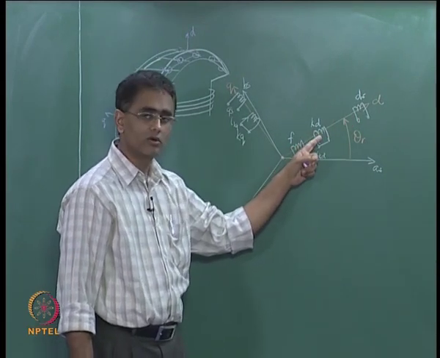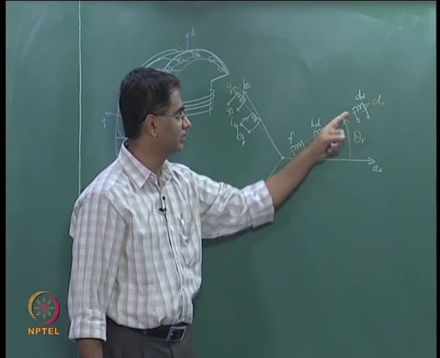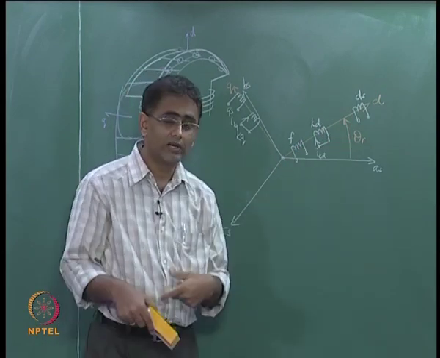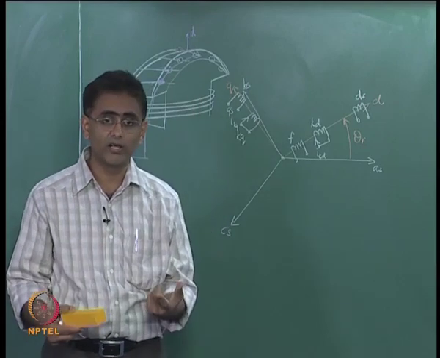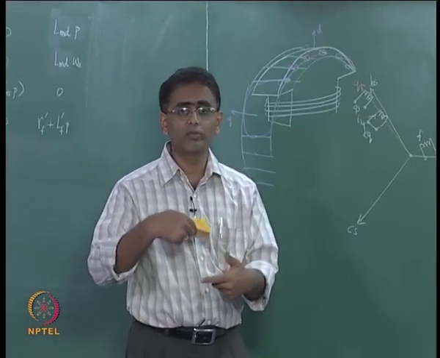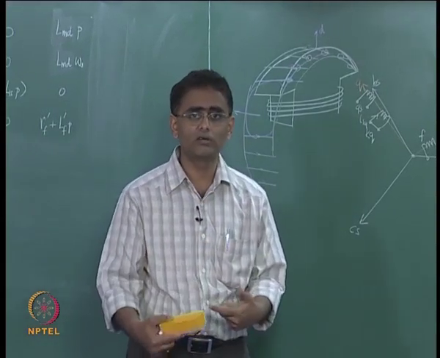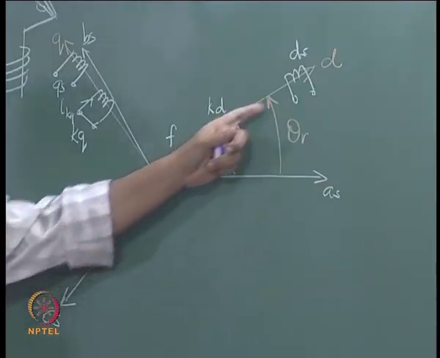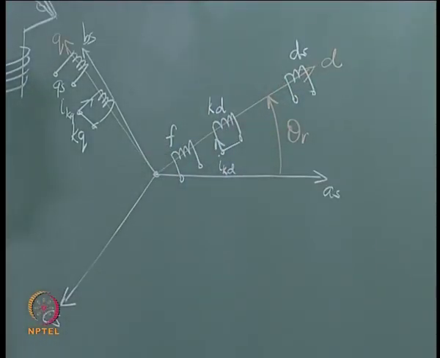Now you have one more coil Kd, this will also cause a mutual inductance, and because we are now writing it in a stator referred manner, you remember that mutual inductance multiplied by the ratio of number of turns gives us the magnetizing inductance, and that magnetizing inductance is along the d axis.